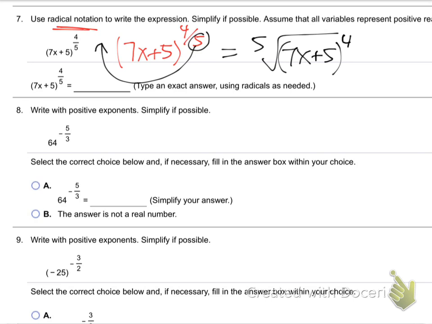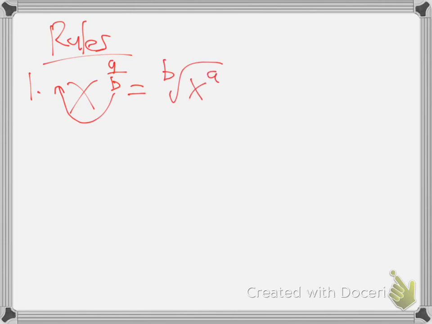All right, how about, can you read number 8 there? 64 to the, oh, now they're bringing in, boy, this is a hard section. All right, I got to add to our rules. So here's some good rules for this whole section. We've seen anything to a fractional power, the b swings around into the root, into the hook, I should say.